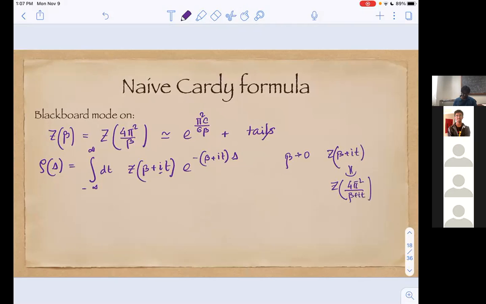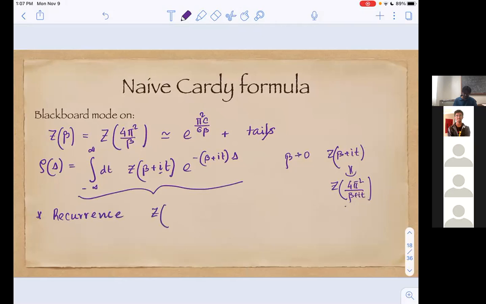And then one naively replaces this by the vacuum contribution, which is this thing, does the inverse Laplace transformation, and gets a Bessel function, and that gives the naive Cardy formula. But there is a serious problem with this argument in the following sense. This integral is never convergent because of the thing we know as recurrence.